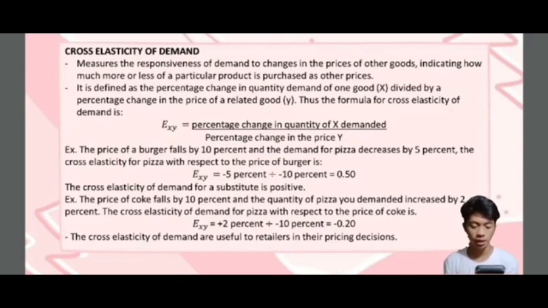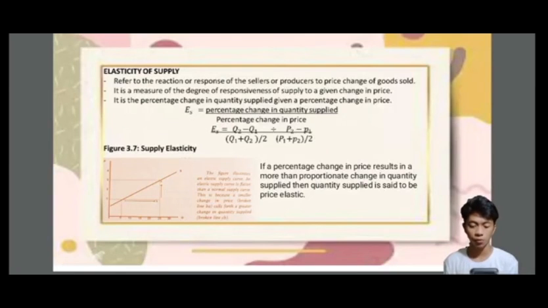Positive divided by negative, so negative. The cross elasticity of demand is useful to retailers in their pricing decisions. So let's proceed to the elasticity of supply.